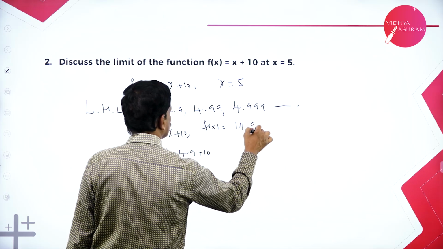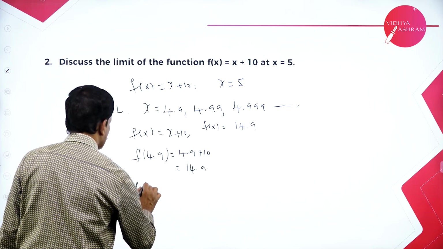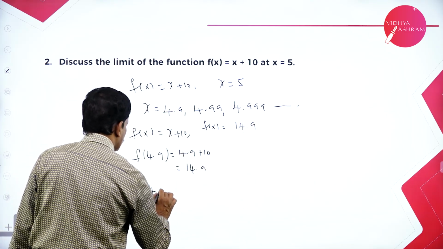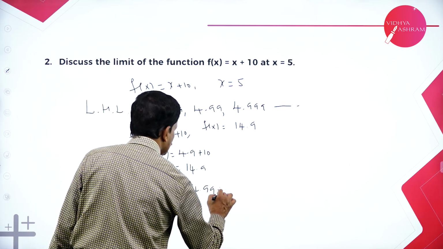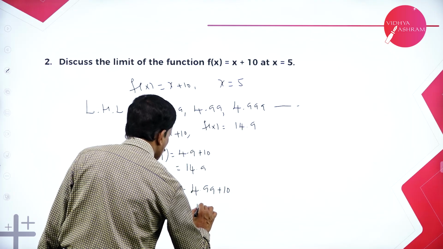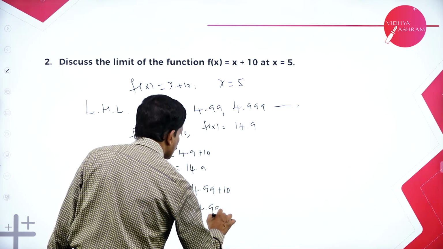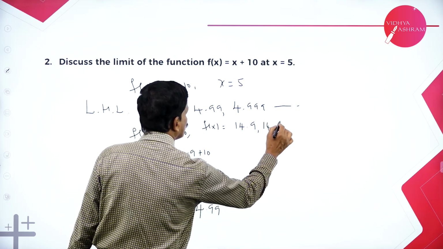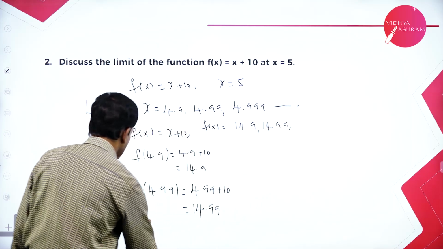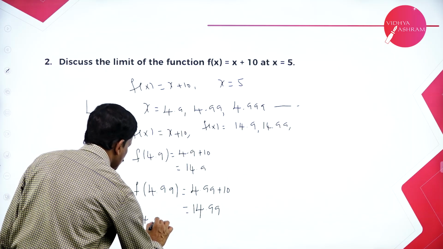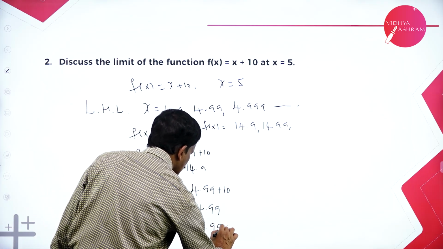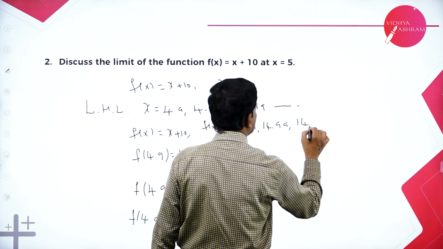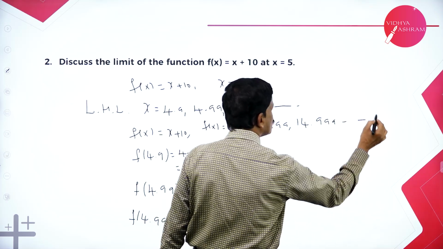First one is 14.9. When x is equal to 4.99, we will get 4.99 plus 10, that's equal to 14.99. Similarly, f of 4.999 is equal to 14.999, and so on.